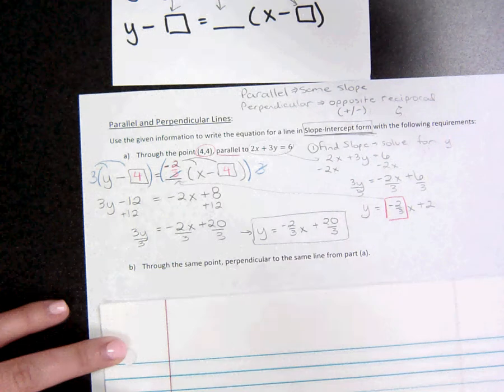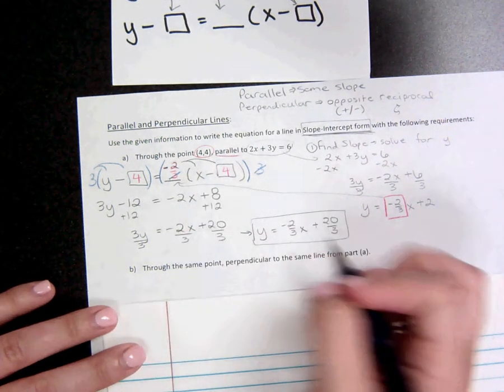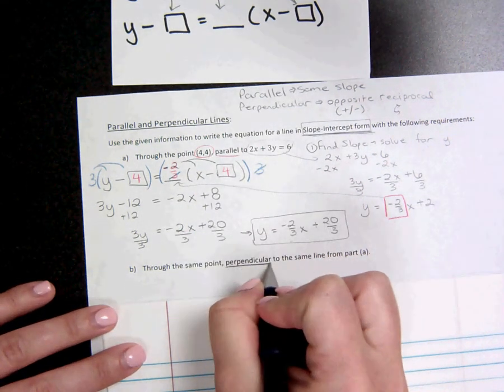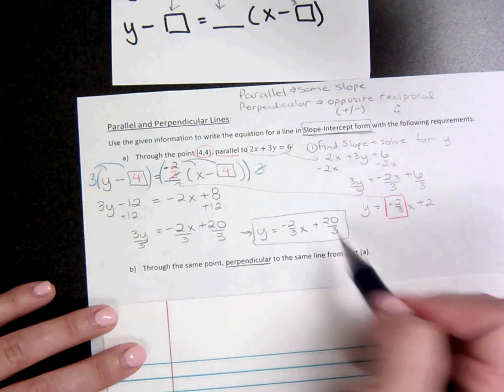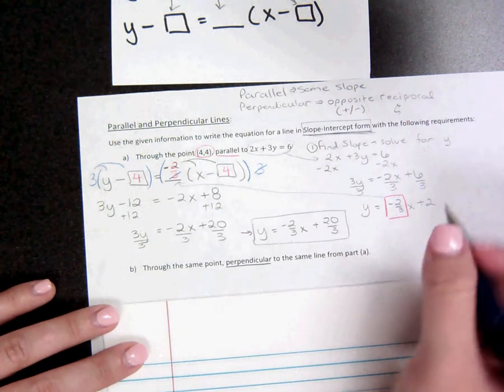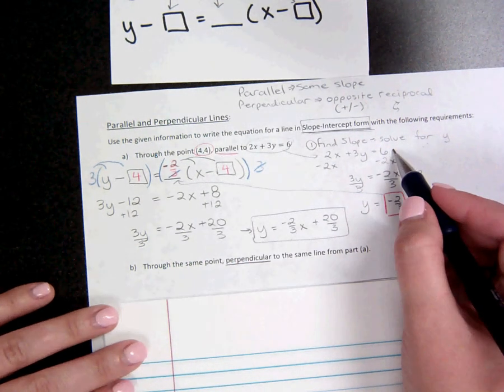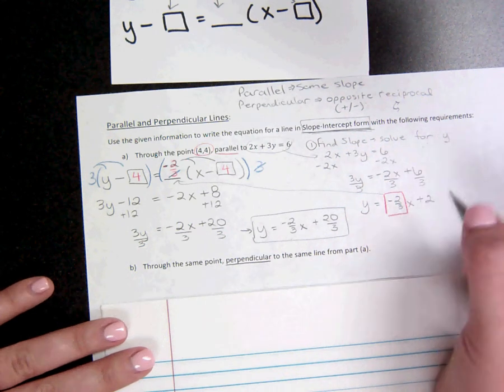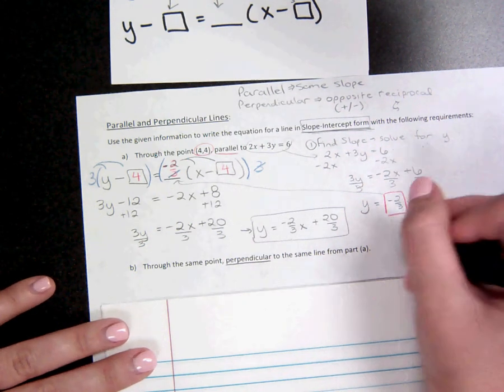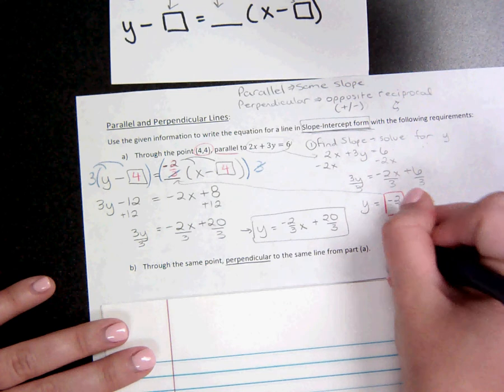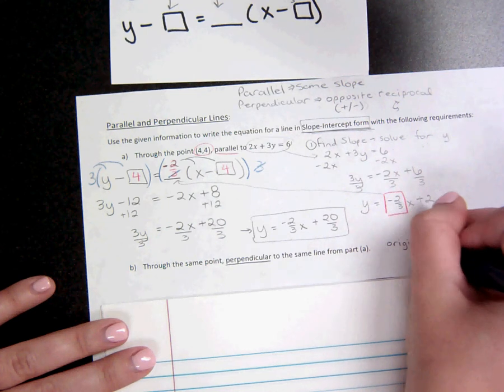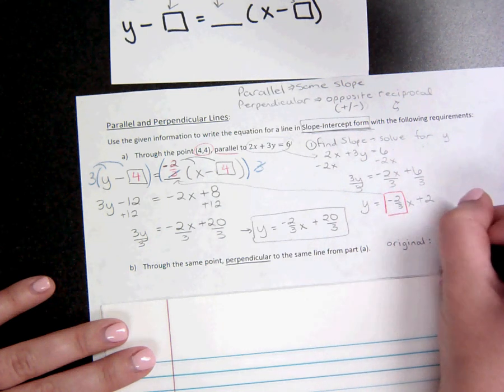So it says through the same point, so 4, 4, this time perpendicular to the same line from part A. So because we're using the same line from part A, I just did this to save you a little bit of time, we already have the original slope. So the original slope is negative 2/3.